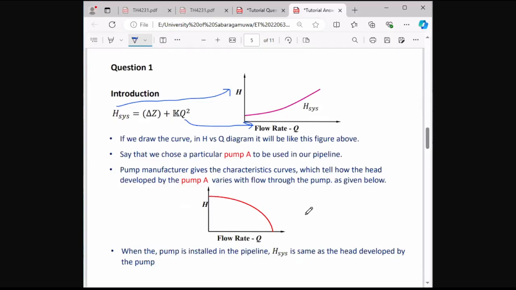Then this pump curve will be given by the supplier. The pump manufacturer gives the characteristic curve, and this type of curve is given by the supplier.